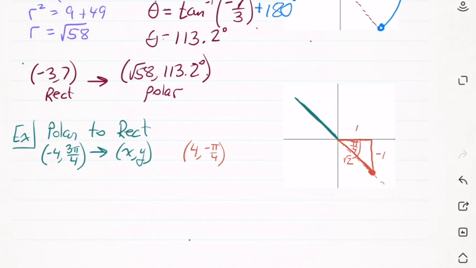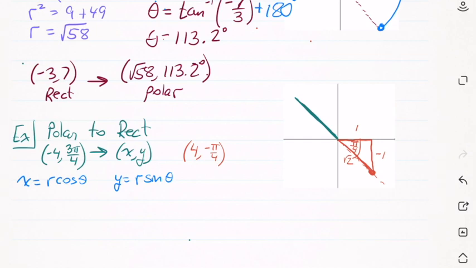It's a special triangle, and the only reason I'm writing that is I know what formula I'm going to use. I'm going to use the relationship that x is equal to r cosine theta and y is equal to r sine theta. Okay, so by the first one, negative 4, 3 pi over 4, we've got to be careful.